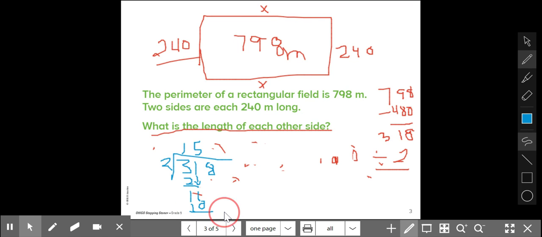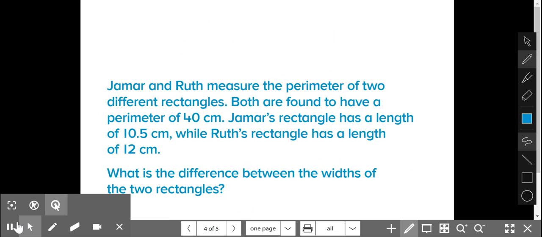I'm left over with 1, and an 8 goes down. So 2 goes into 18 9 times. So now I know the length of each of the other sides is 159 meters.